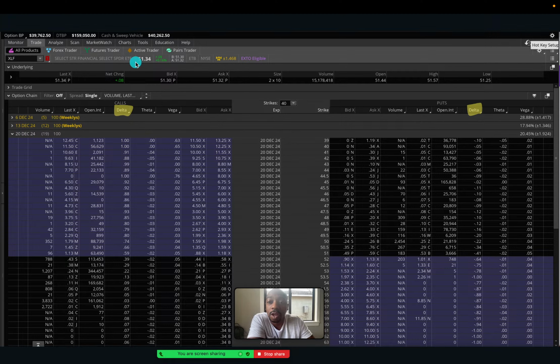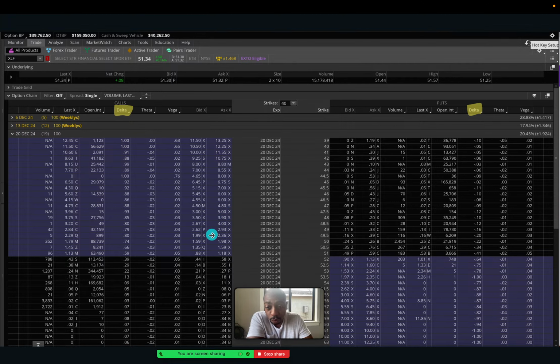So if this goes from 51.34 up to 52.34, and you have a delta of $1, then this option price is going to go up $100 for every dollar of price movement, right? So that's why the delta is extremely important, and whether or not you are in the money.